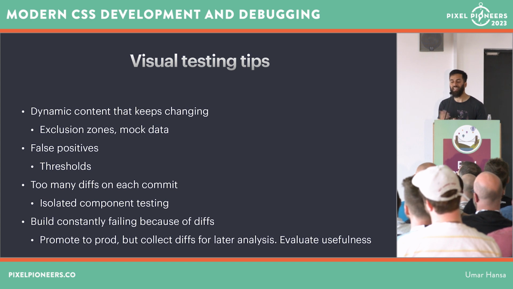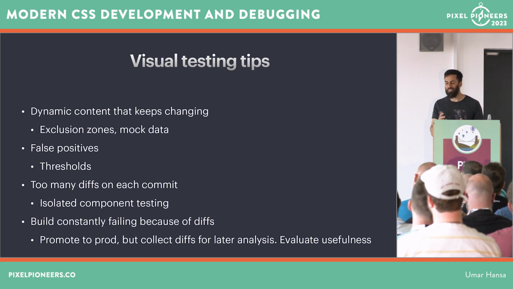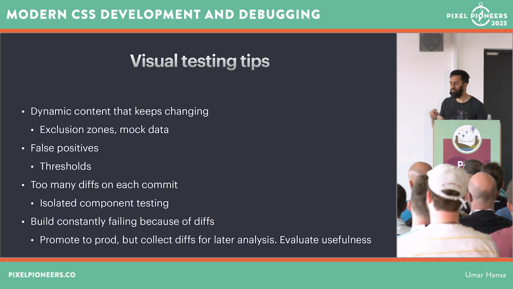Isolated component testing mitigates against having too many diffs on each commit. Maybe you don't want to test the entire page. For me, it's not as resilient, but maybe it's a compromise that is worth it for your team. And here's a little trick for you.